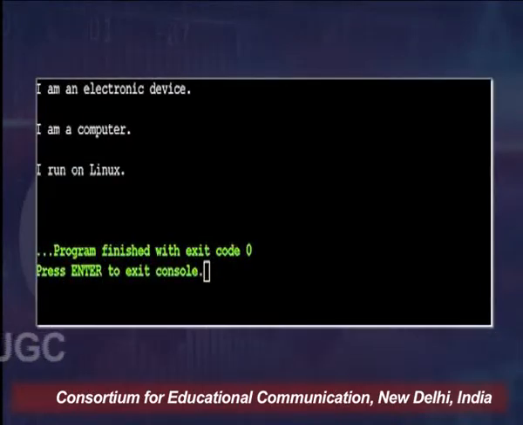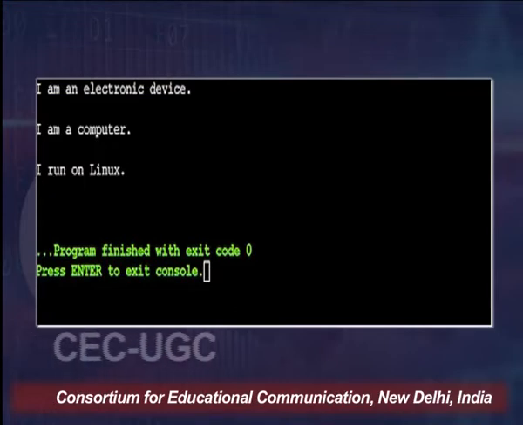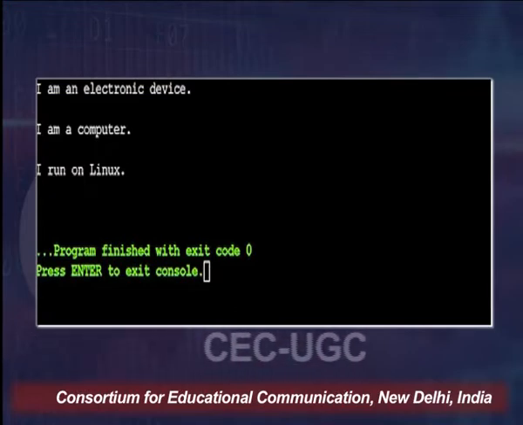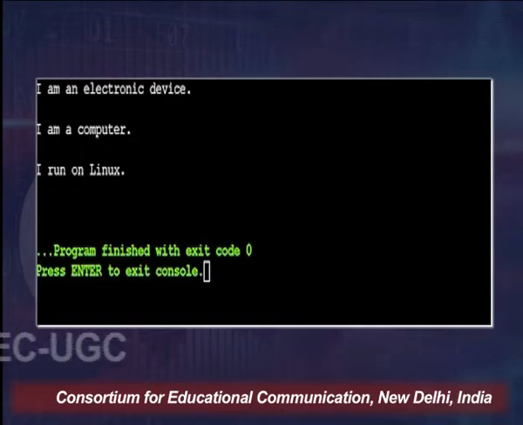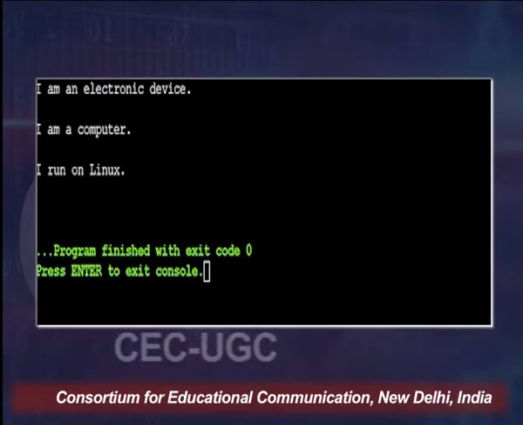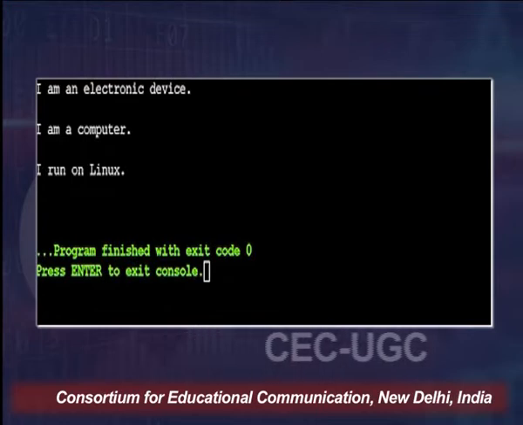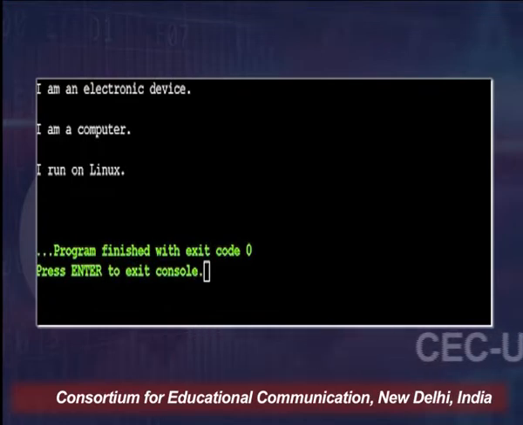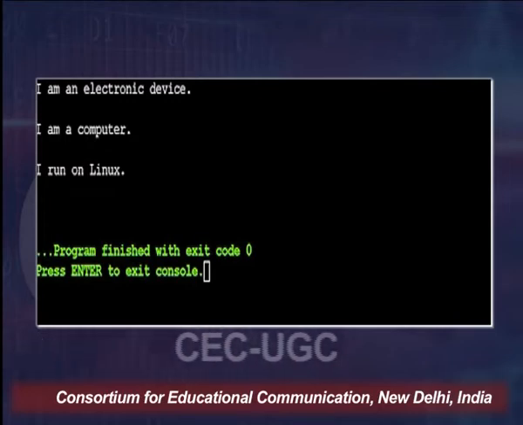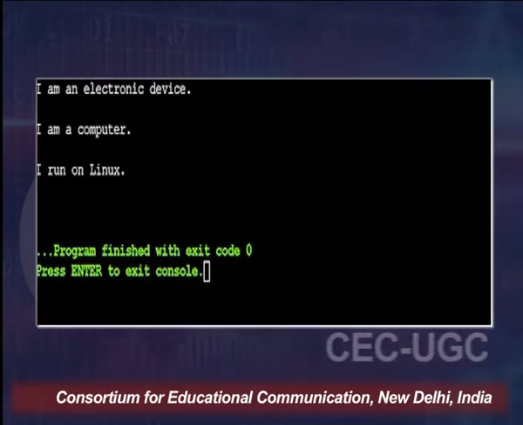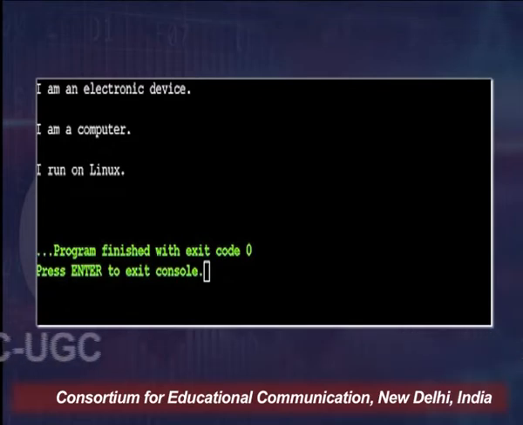"I am an electronic device", then printed "I am a computer" and "I run on Linux". See, if you can see the hierarchy here, first "I am an electronic device". This statement is given by the constructor of the first class, the class on the topmost level of our multi-level inheritance, which is the electronic device.